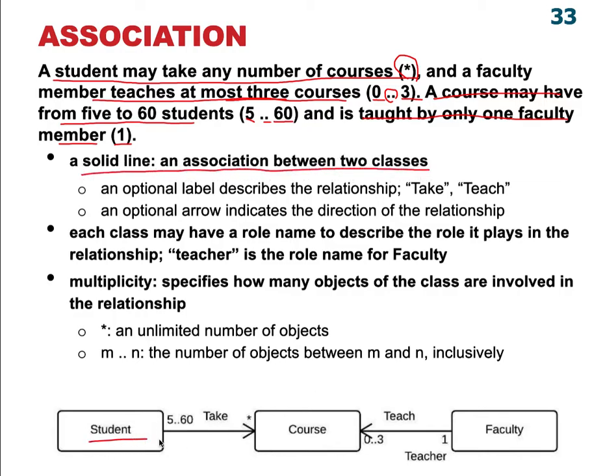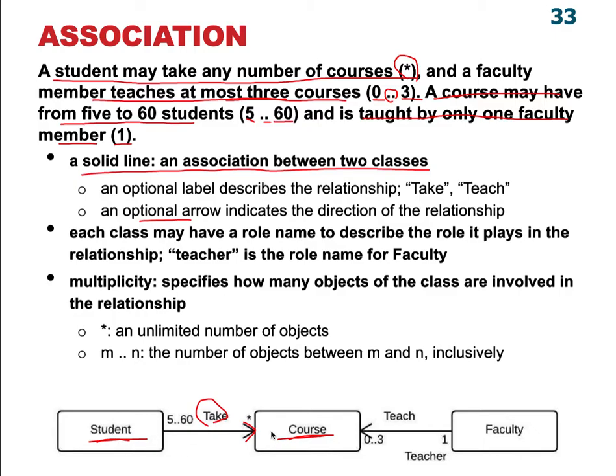So we have a student class and a course class. The solid line is there, and the arrow is optional. The arrow should be just a line arrow, not a triangle. When the activity has a direction, student takes a course, so the association direction is from student to course. The activity name is put as a label of the arrow, above the line, so we give the activity, take.